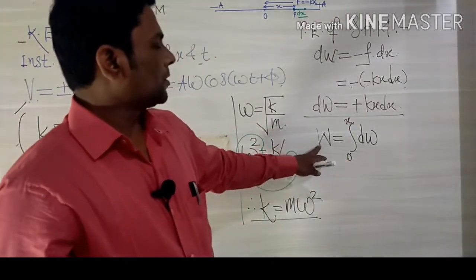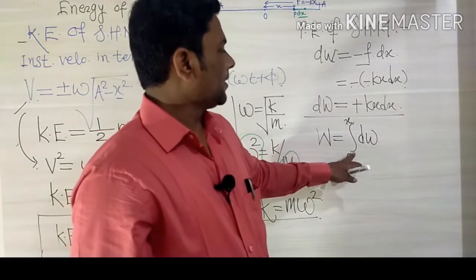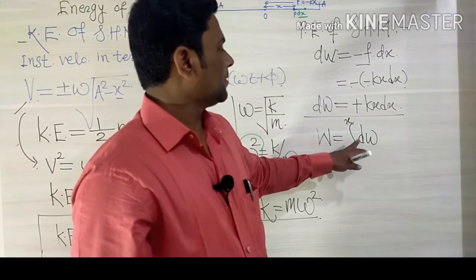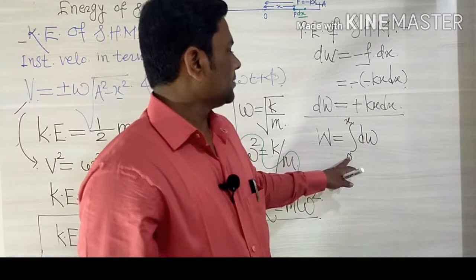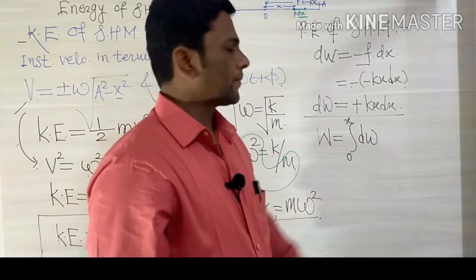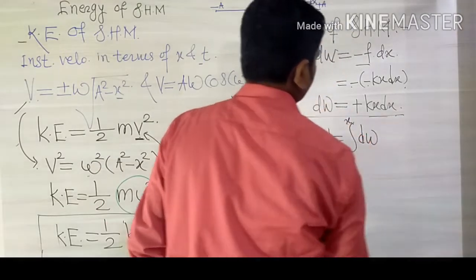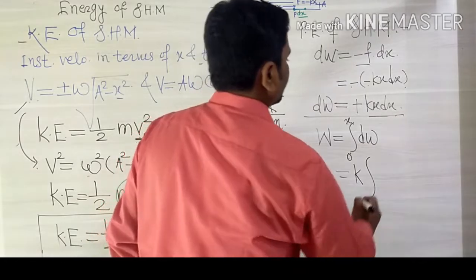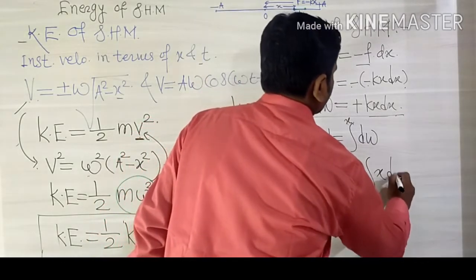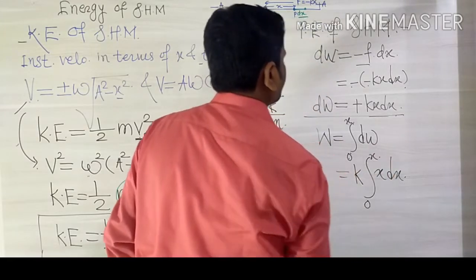By putting dW equal to kx dx, k is a constant, it is outside the integration, into x dx with limits 0 to x.